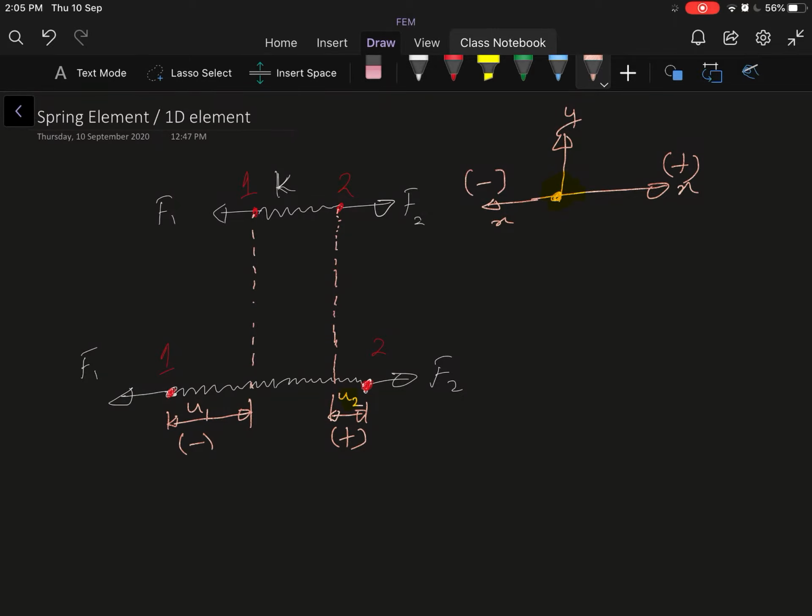So in this case the total displacement delta is equal to u2 minus u1, because u2 is considered to be positive here and u1 is considered to be negative here.